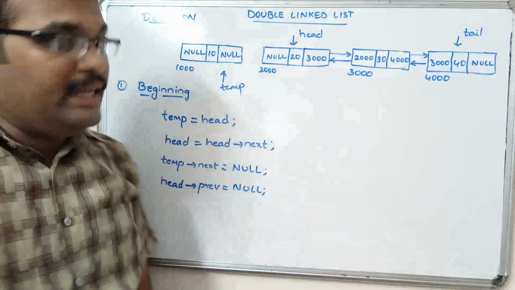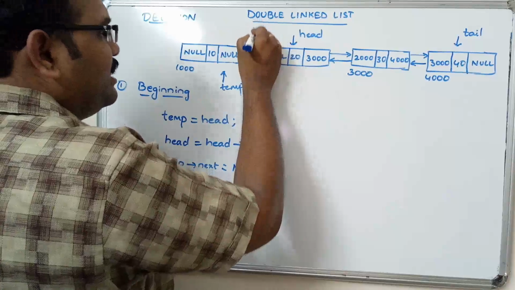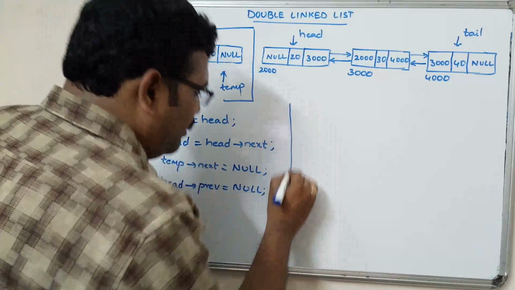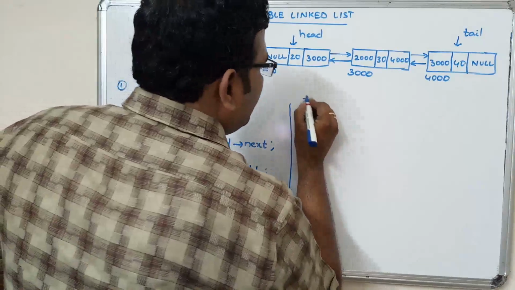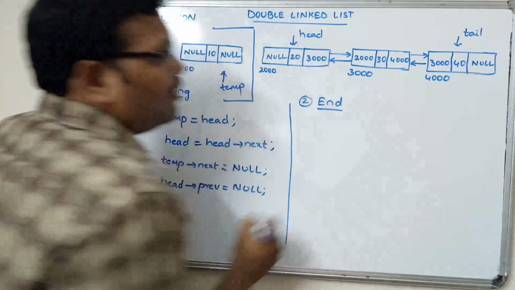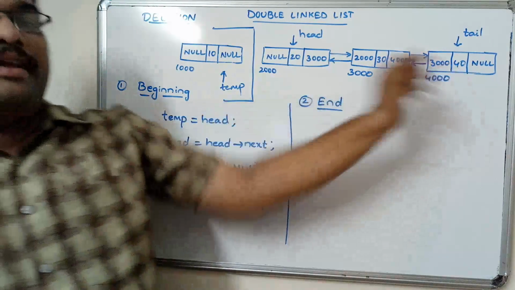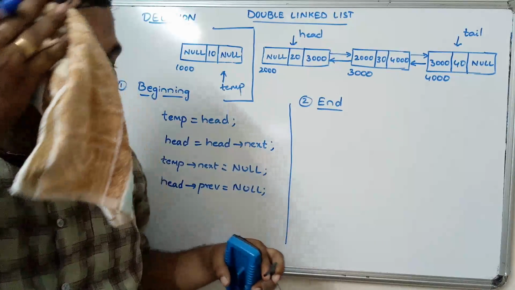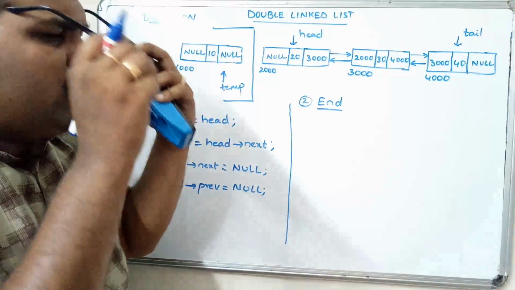Now let us consider this one, and let us check how to delete an element from the ending. So now we have to delete an element from the end position, that is, 40 should be deleted.